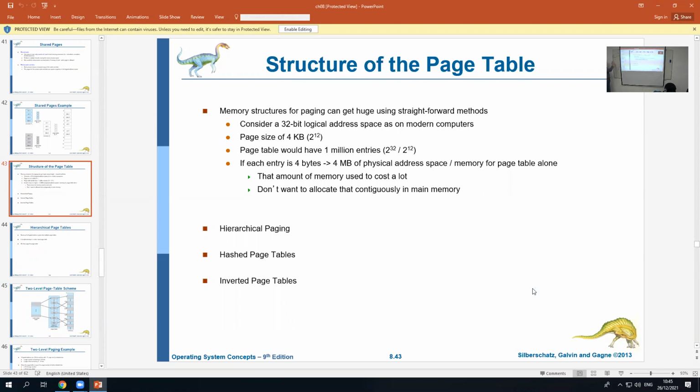So we'd have a mega rows. Each row, we'd have from 0 to 2 to the 20th. We'd have a million rows in our page table.